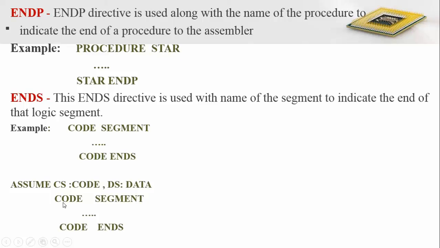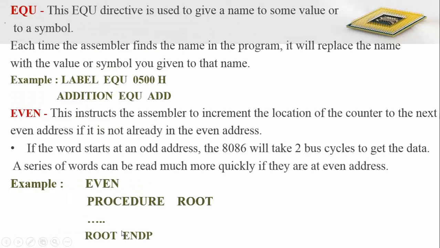So this indicates the start of our program code, present inside the code segment labeled as code. Code segment indicates the start of the code. Inside we can specify the instructions of our program. At the end we specify the end of our segment, that is, CODE ENDS.